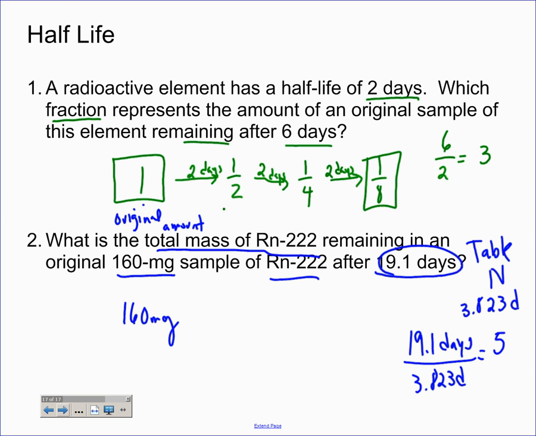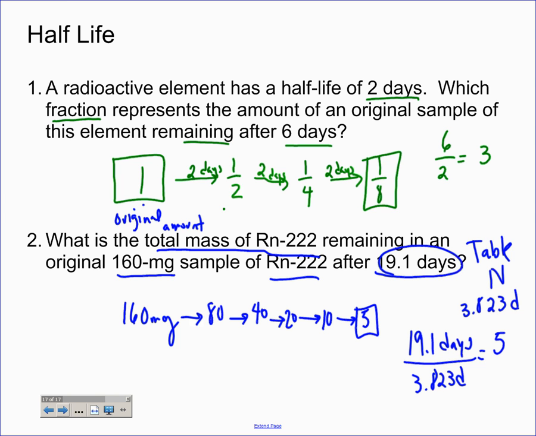Remember, we represent the half-lives with arrows, so we draw 5 arrows. 1, 2, 3, 4, 5. And then each time a half-life goes by, we divide the original sample in half. 160 divided by 2 is 80. 80 divided by 2 is 40. 40 divided by 2 is 20. 20 divided by 2 is 10. 10 divided by 2 is 5.